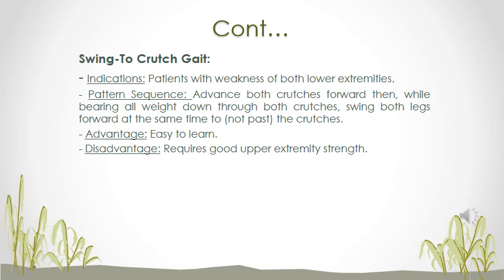Then, while bearing all the weight down through the crutches, swing both legs forward at the same time to, not past, the crutches. So this is swing to the crutches. The advantage is that it's easier to learn. Disadvantage is that it requires good upper extremity strength.